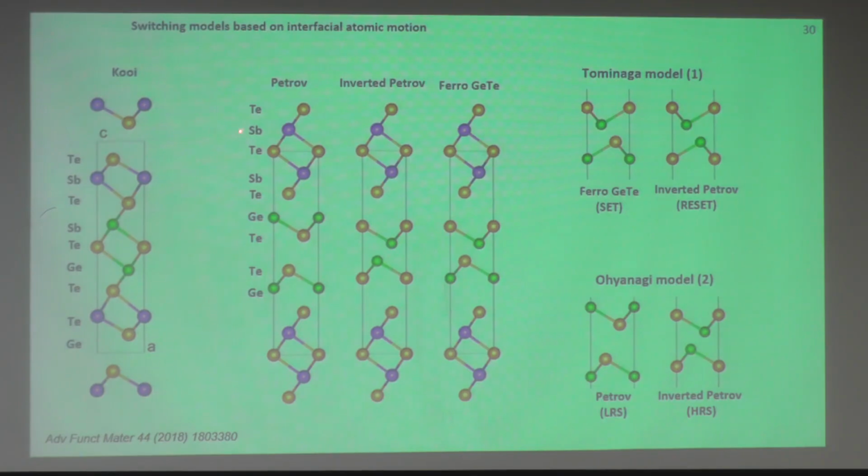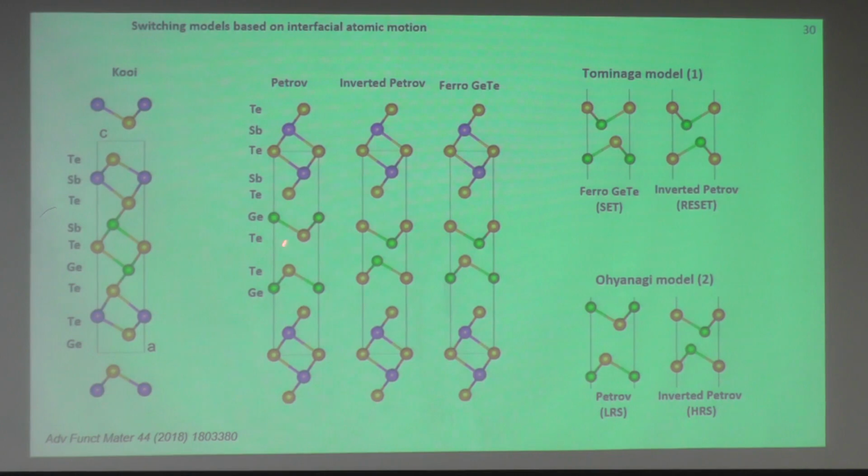Now we can consider that this is the germanium telluride, and the switching is based on changing the position of germanium atoms at the interface. This is germanium, this is also germanium. And now we can create different structures, like here the germanium flips to this point and creates a new structure, the Petrov structure.